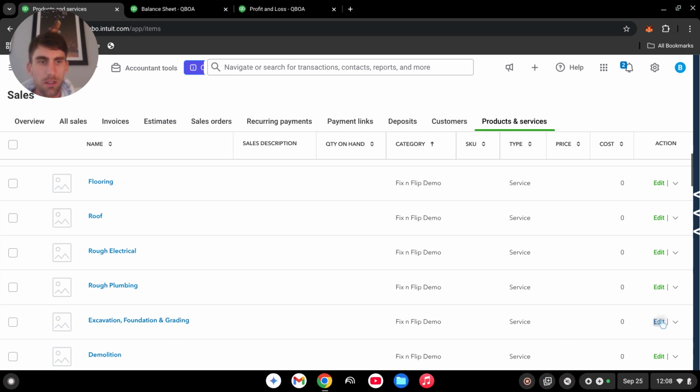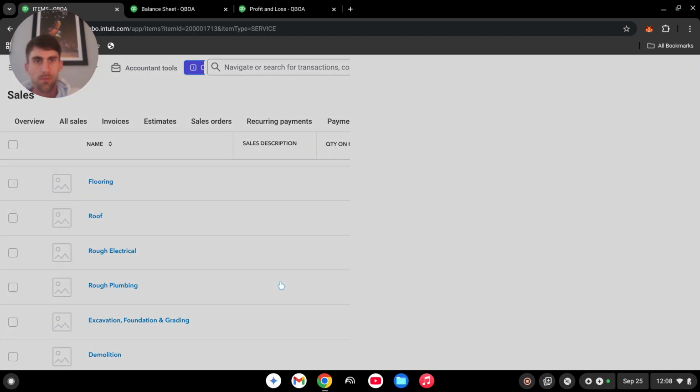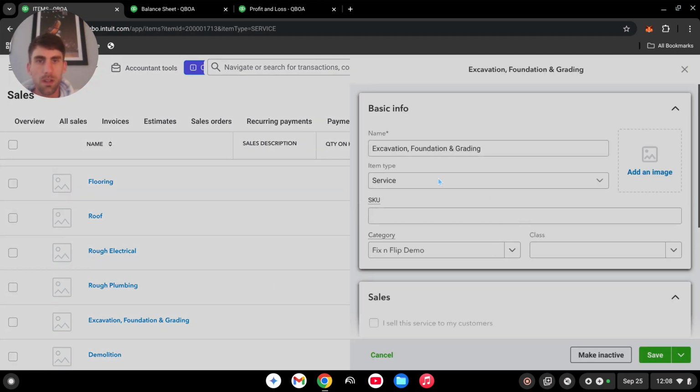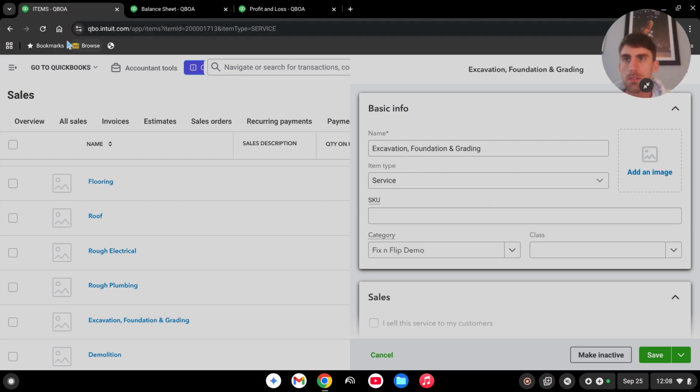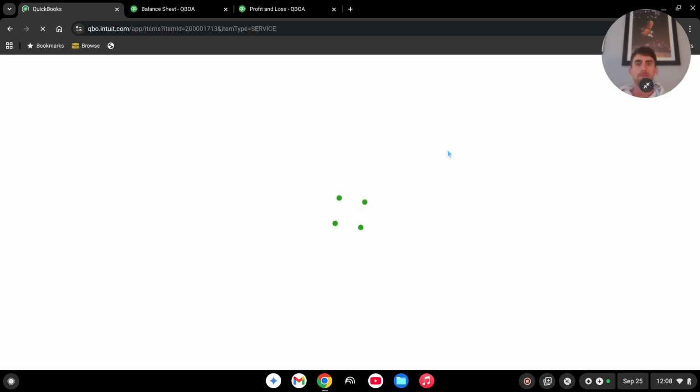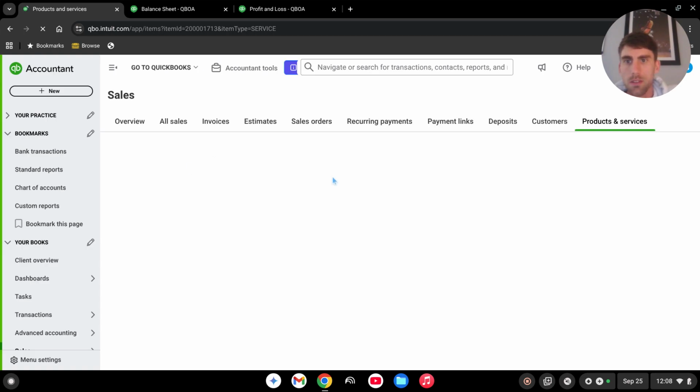And to make these, you want to figure out what you want to name it, and it's going to map back to your rehab costs and your cost of goods sold. So that's what we had set up in the chart of accounts.